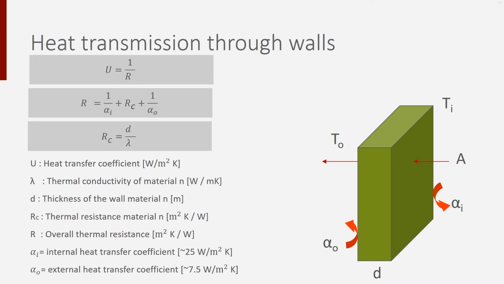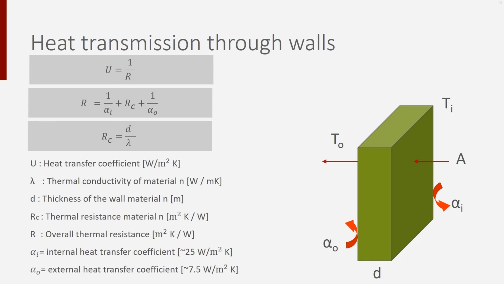You could calculate those convective and radiative heat transfer values depending on the wind, but you can also use an average. For the indoor convective and radiative heat transfer coefficient, alpha I, you can assume a value around 7.5, while outdoors you should assume a value around 25.